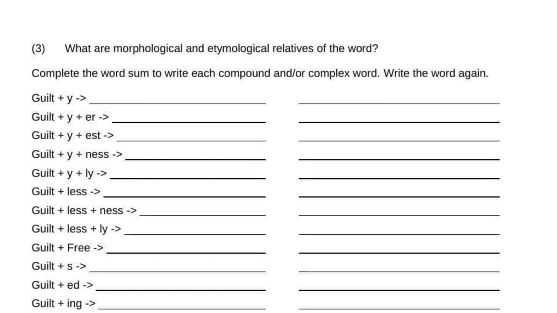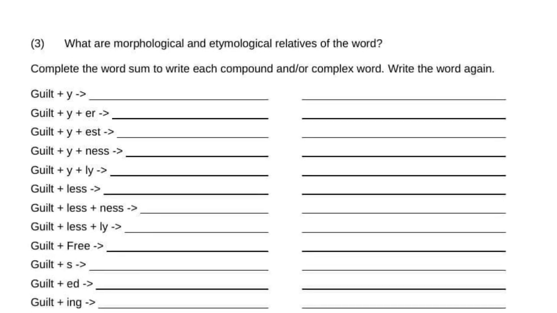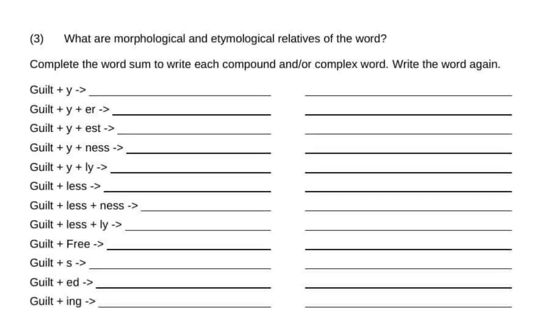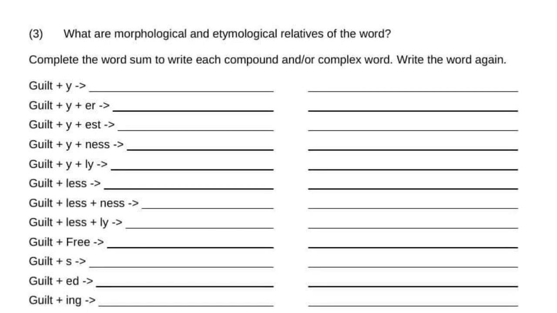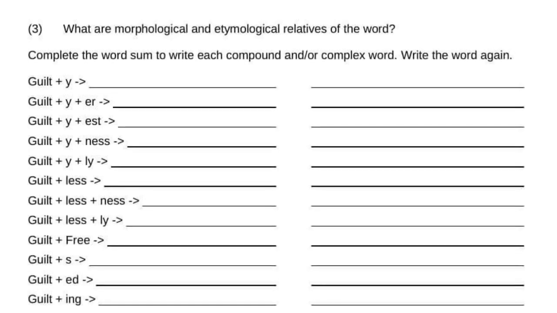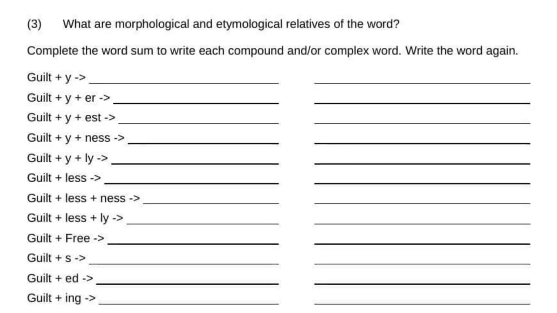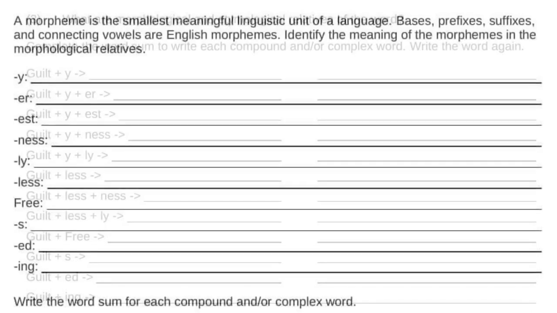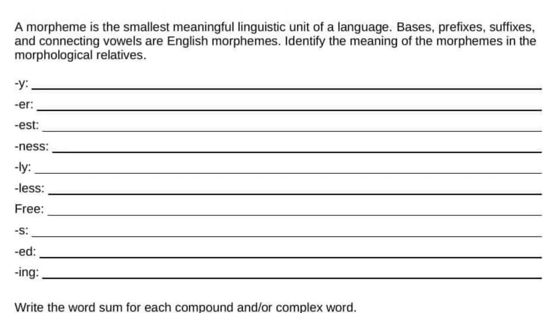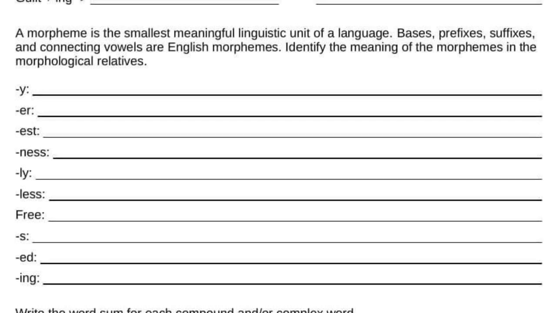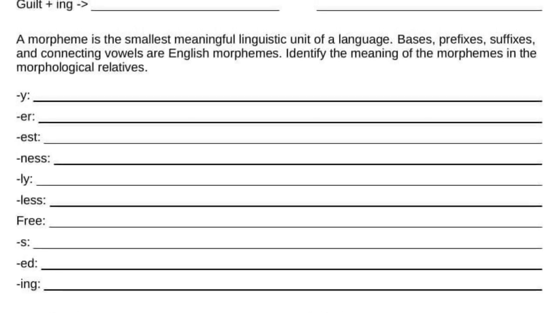Activity 3 answers the question, what are the morphological and etymological relatives of the word? In the first section, the student completes word sums of morphological relatives of the base. In the second section, the student provides the meanings of the morphemes in the morphological relatives.